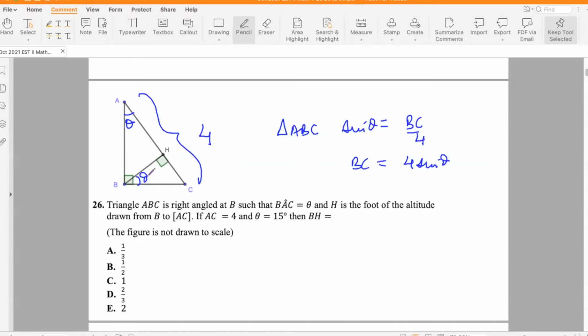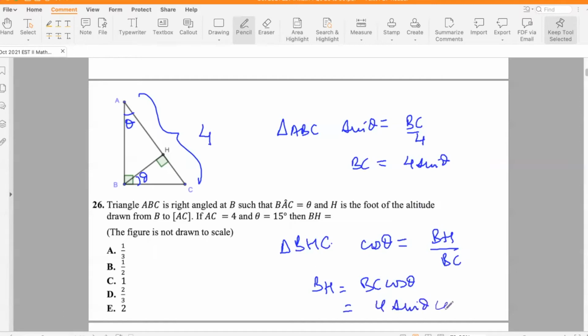So in the small triangle BHC, I need to find BH, right? So I can say cos theta is BH over BC. So BH is BC cos theta and BC is 4 sine theta. So that becomes 4 sine theta cos theta.